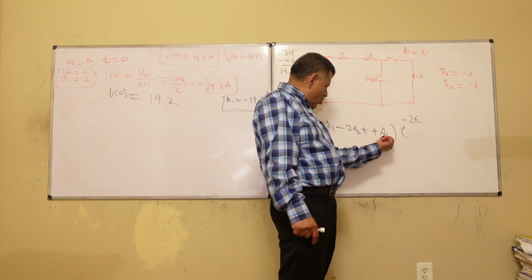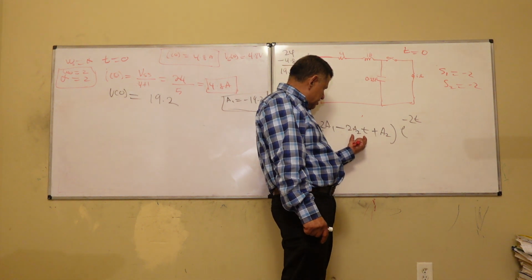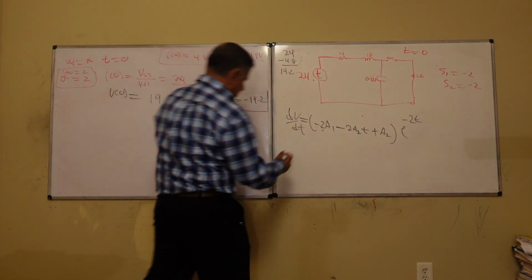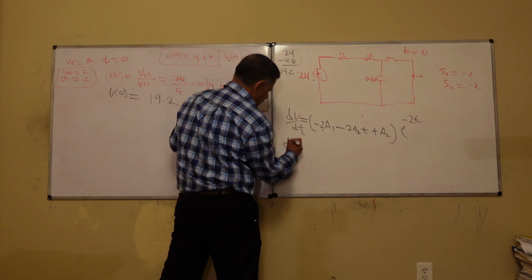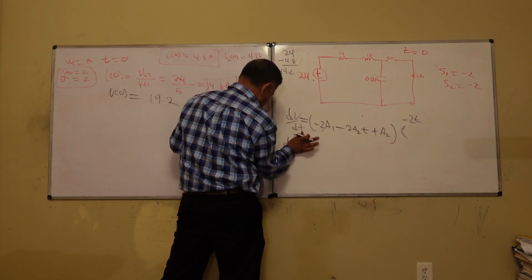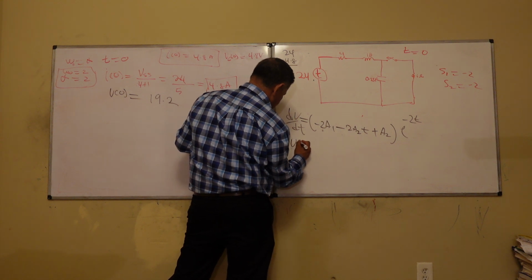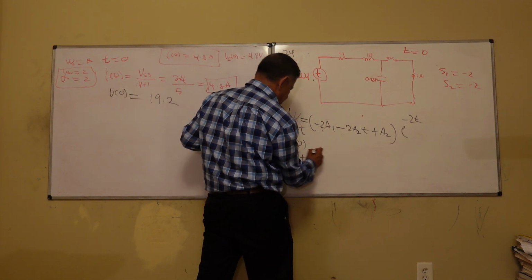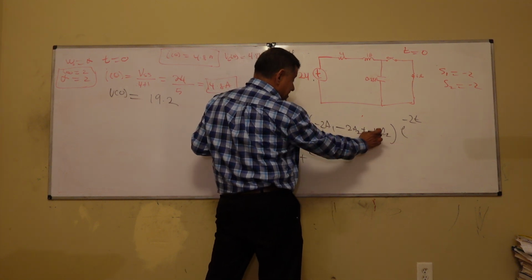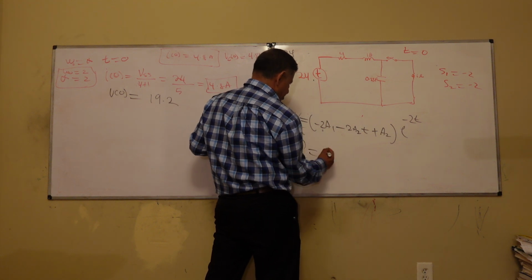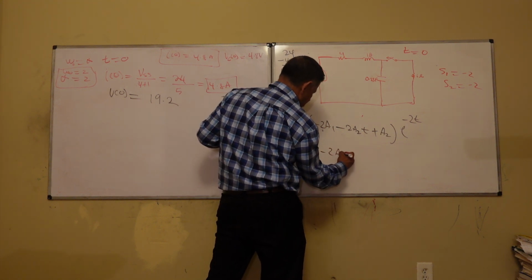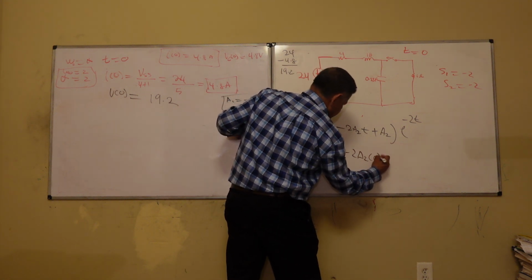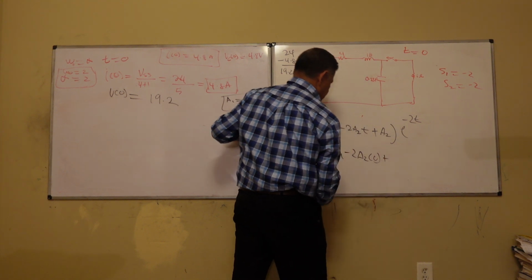This is going to be just 1, and this is going to go away, right? So let me just do it, because it can be confusing. So dv/dt, right? Now everywhere I see a t, I'm going to replace it by 0. So negative 2 a1, minus a2 times 0, and then plus a2 times e to the 2 times 0, right?